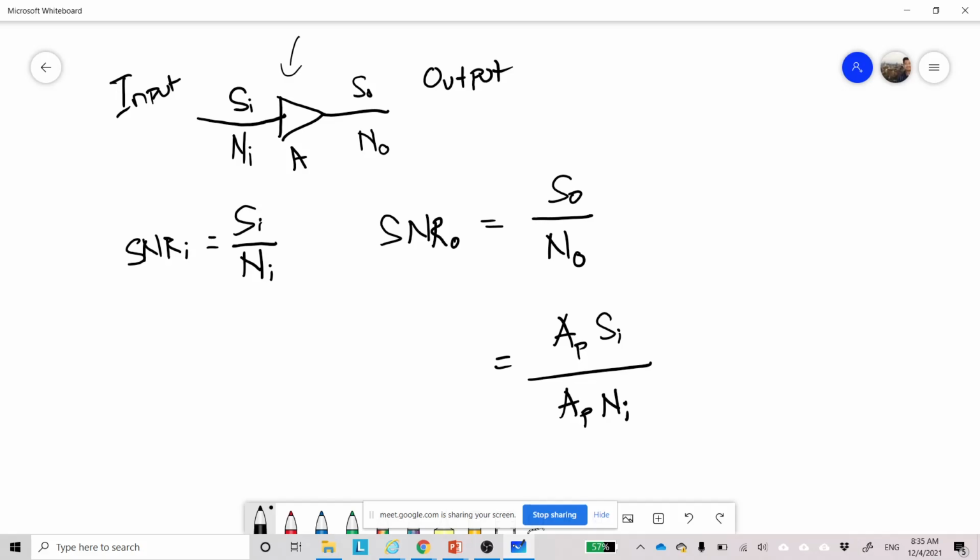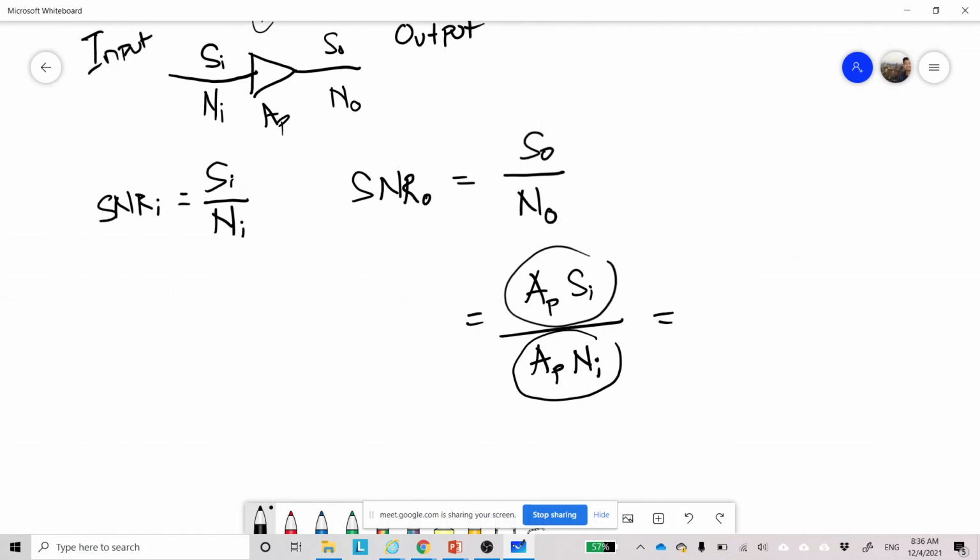The output signal power is APSI, the gain multiplied with the input signal. The output noise is equal to the gain multiplied with the input noise. So this is the ideal case where Si over Ni is equal to the input SNR. This is the perfect system, where the system doesn't generate internal noise.